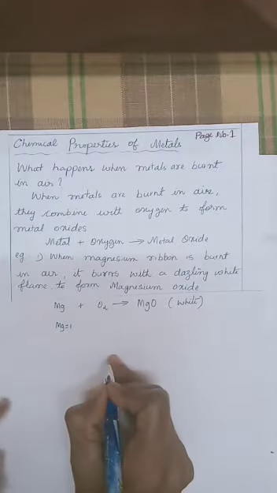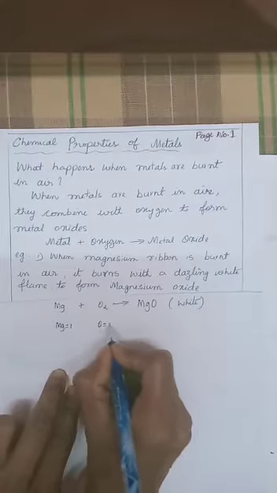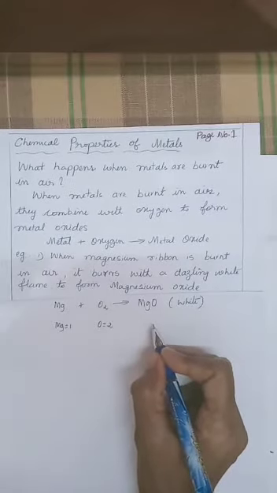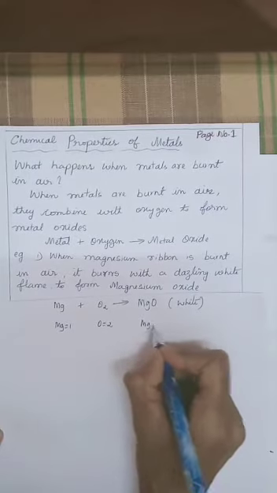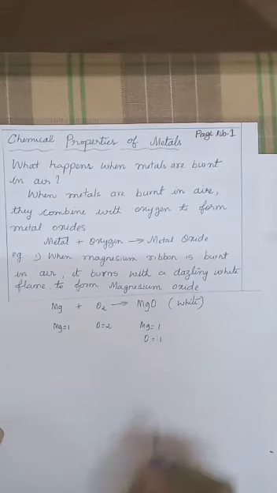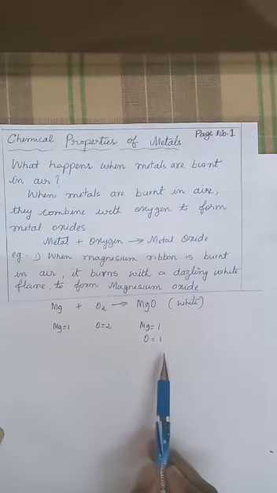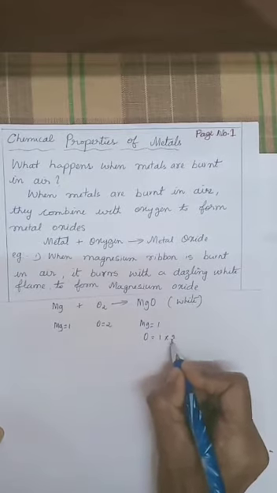Write here 1. Oxygen, how many atoms of oxygen? It is 2. Here magnesium oxide, there is 1 atom of magnesium and 1 atom of oxygen. Now here there are 2 atoms, here 1 atom. So you multiply this oxygen atom by 2.